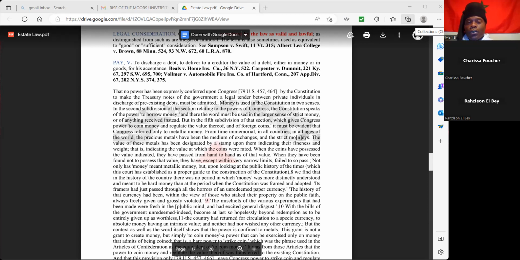Contract law has bullet points and basics and fundamentals that have to be adhered to, right? Such as we learned so far, for a contract to be binding, it cannot be unilateral, right?